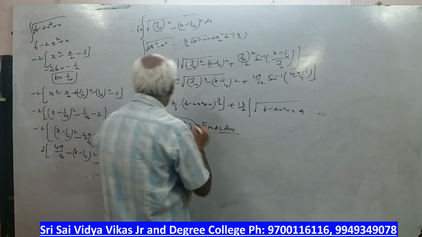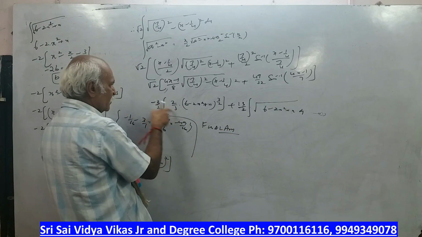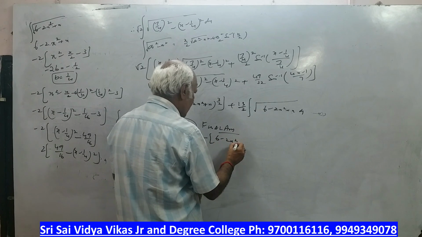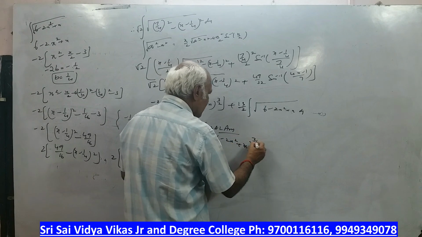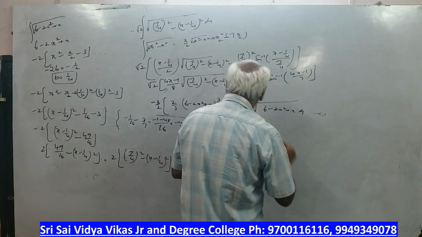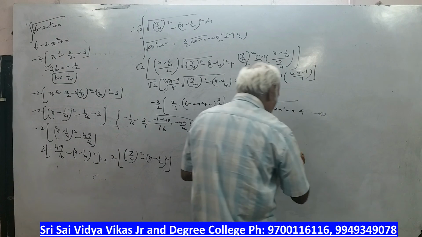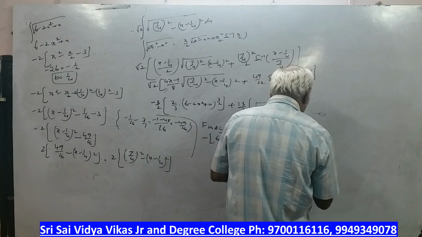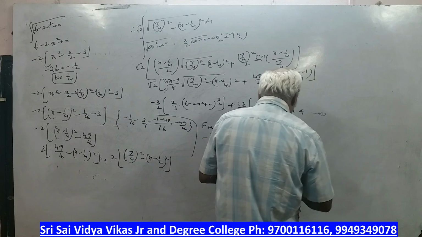Final answer. So minus 3 by 2 into 2 by 3. These 3 will get cancelled. What is the left over? Minus 6x minus 2x square plus x whole raised to 3 by 2 plus 13 by 2. With root 2 we have to multiply. So root 2 into everything in the bracket. 4x minus 1 by 8. I'll put a flower bracket.